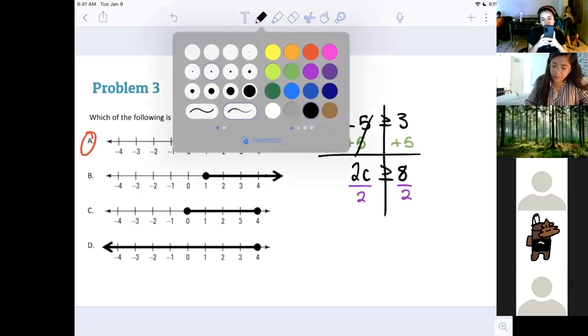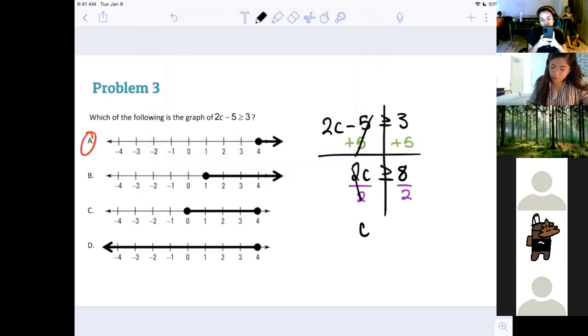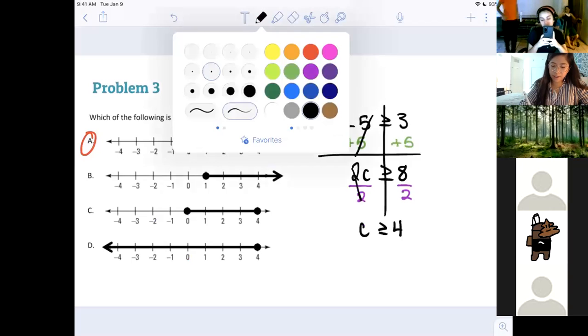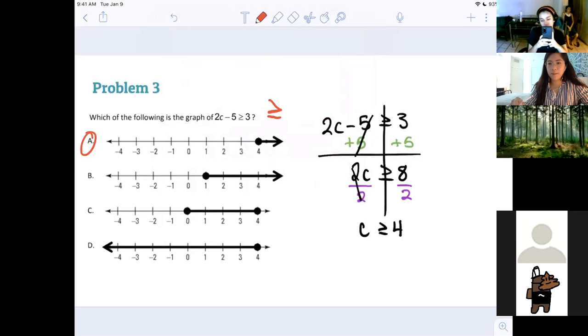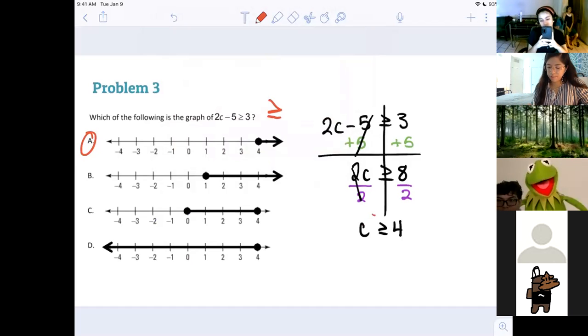This one was kind of easier because it was just a 2-step equation. Just make sure that you're picking the correct graph. Since I have a greater than or equal to symbol, my arrow has to point to the right. So always make sure that the point is on the right point and the arrow is in the right direction. Any questions on this one?